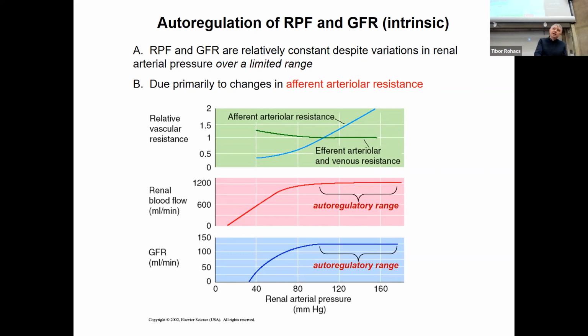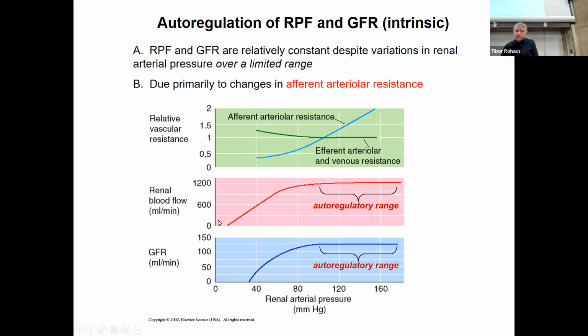If you take an animal, take out the kidney, just perfuse it artificially, the intrinsic mechanisms will still work. So the intrinsic regulation of the RPF and the GFR is called autoregulation.